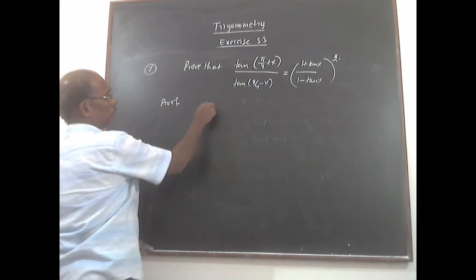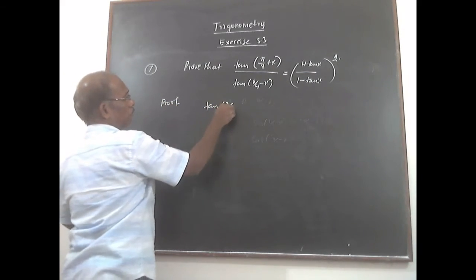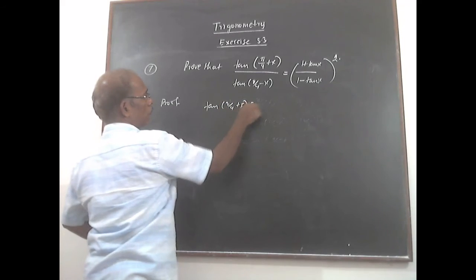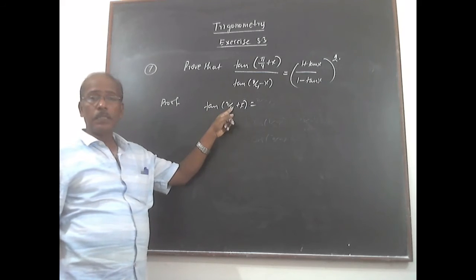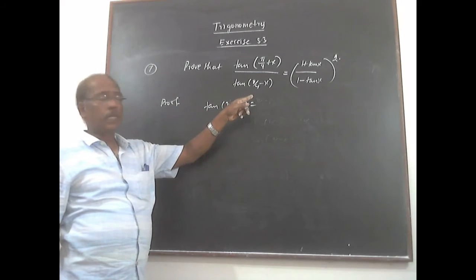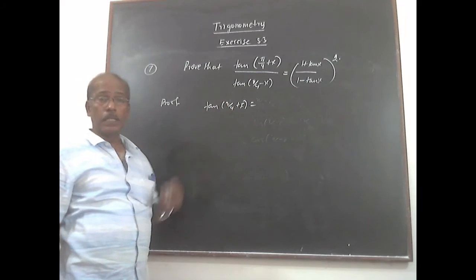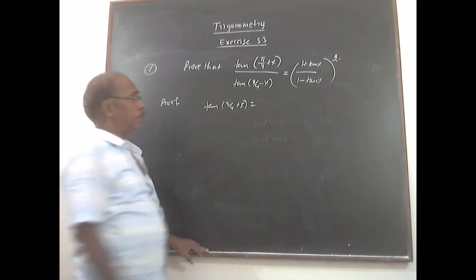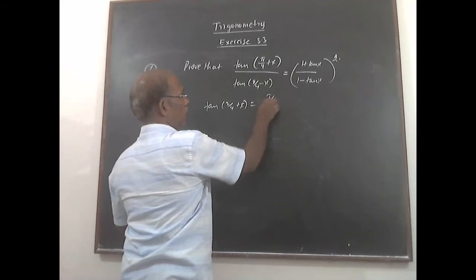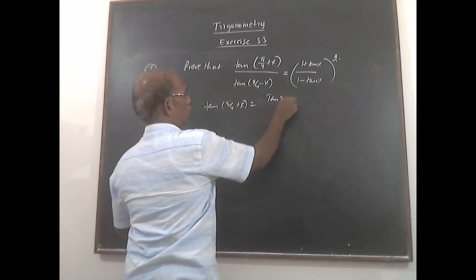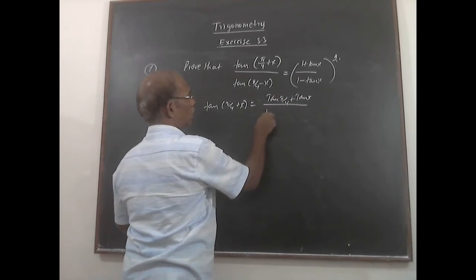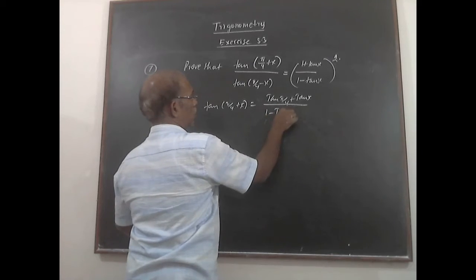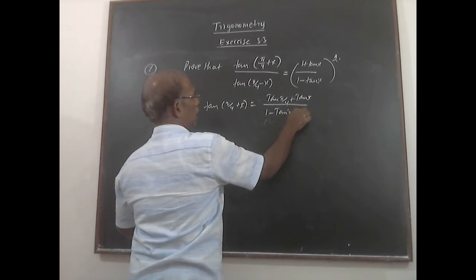Dear student, tan of pi by 4 plus x, using the compound angle formula of tan of A plus B: tan A plus tan B in the numerator, denominator 1 minus tan A into tan B. That is tan pi by 4 plus tan x in the numerator, the denominator 1 minus tan pi by 4 into tan x.